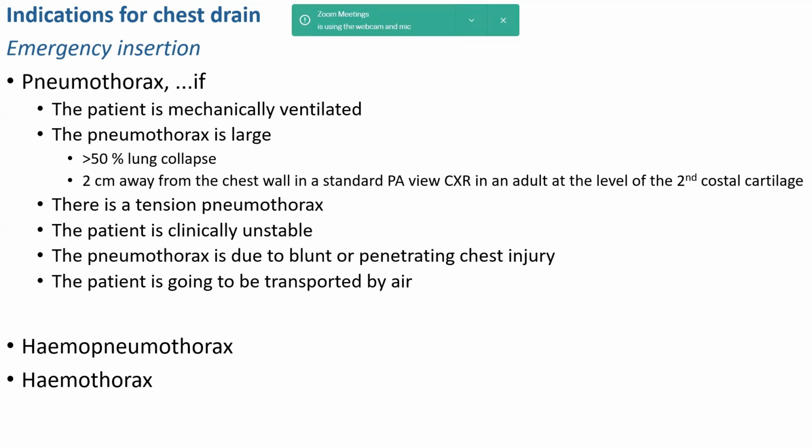If the gap is more than that, there's an indication. And if the patient needs mechanical ventilation, even if the pneumothorax is very small, you usually insert one, because otherwise you can't ventilate the patient.